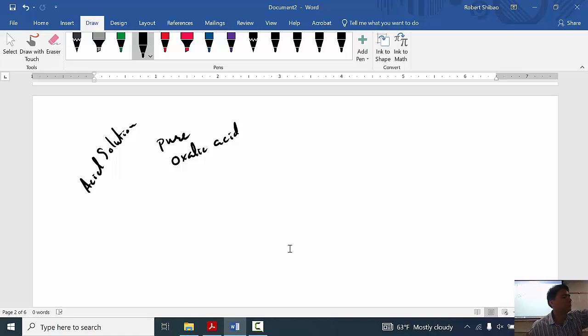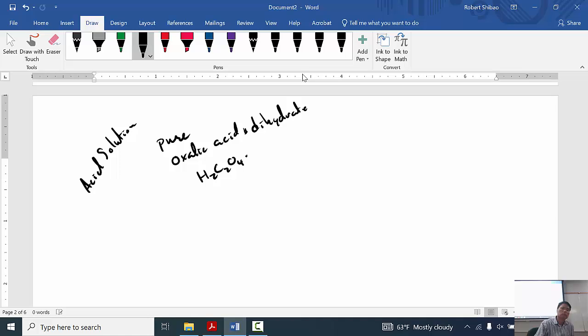Dihydrate. Or oxalic acid dihydrate. And what's the formula for that? And this is a solid. And so we're going to have crystals of oxalic acid dihydrate. This is it right here, what it looks like.